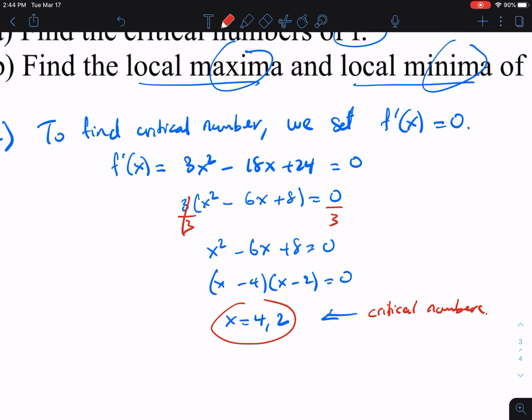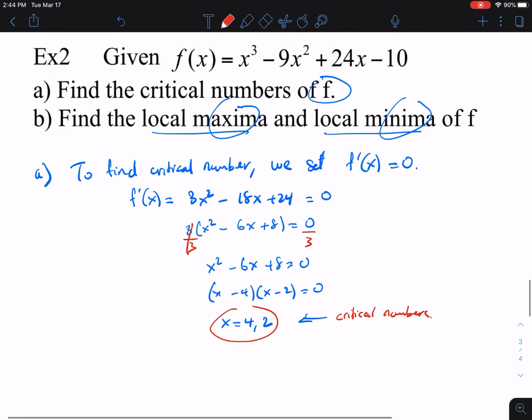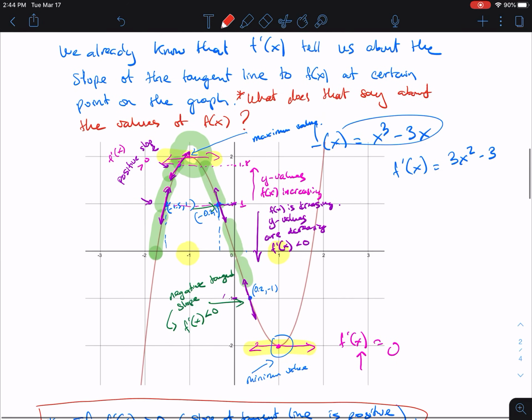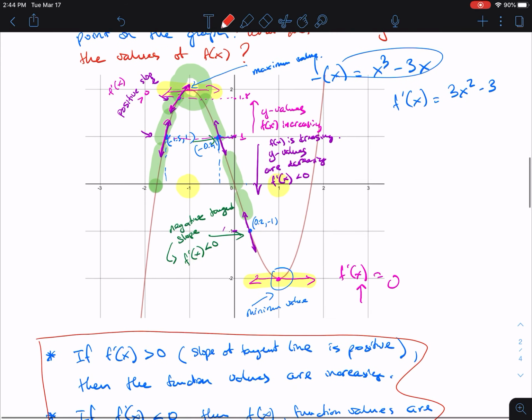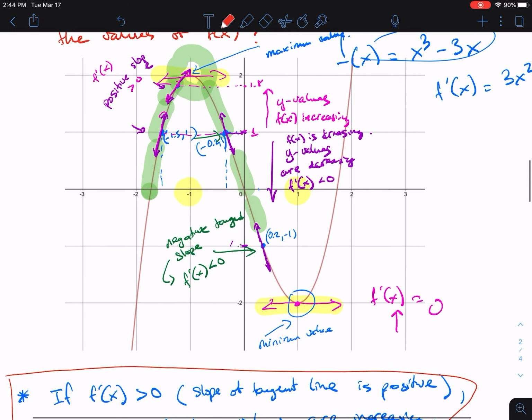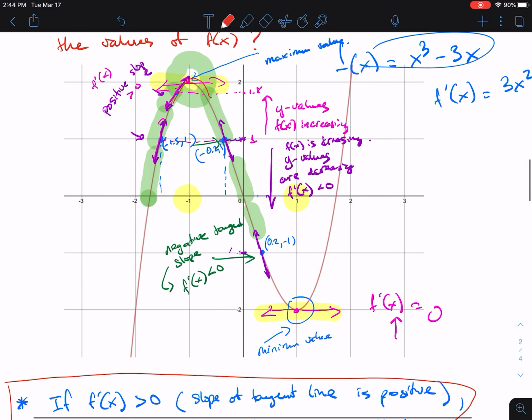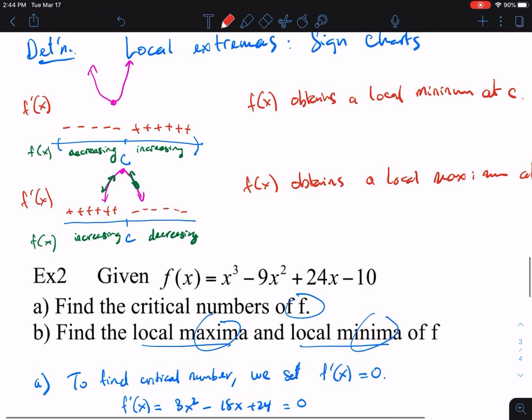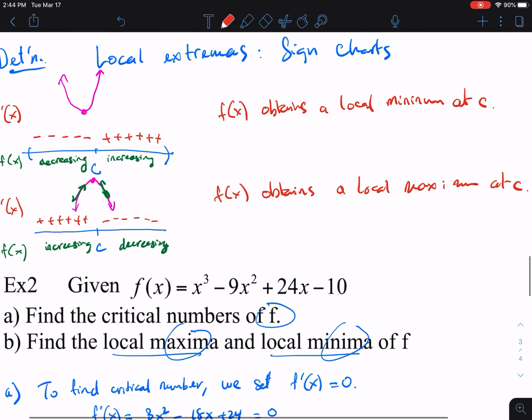Now part B is asking us to find the local maxima and local minima. If you go back to the graph example that we did earlier, the critical numbers give the derivative equals 0. So at those locations, the function either obtains a maximum or a minimum. We generalize that here: we have a maximum at a critical value, or a minimum at a critical value.